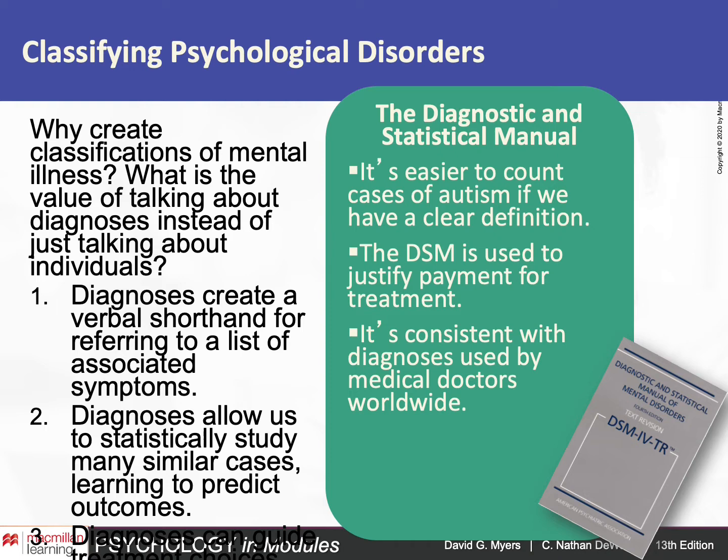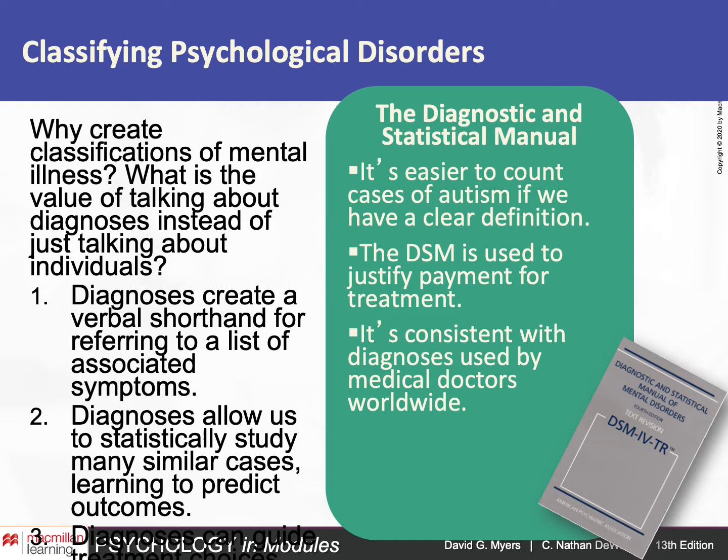And essentially what the DSM does is it provides very clear definitions of particular kinds of disorders, right? So we talk about delusional disorders like schizophrenia, anxiety disorders like generalized anxiety disorder or PTSD. We talk about mood disorders like major depressive disorder and seasonal affective disorder and bipolar disorder, right?